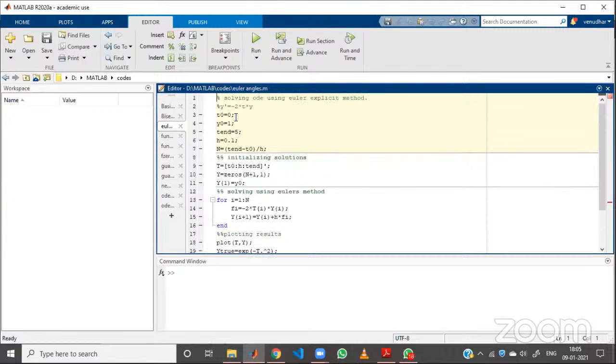Now we initialize the values: t0 equals 0, y0 equals 1, t end equals 5, and the step size h is 0.1.